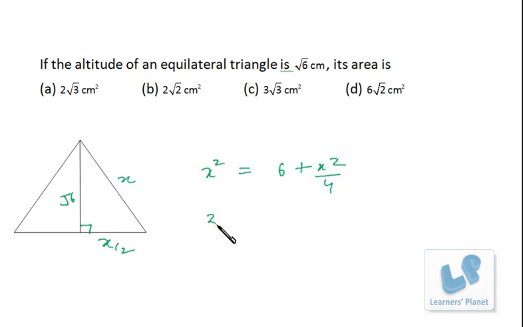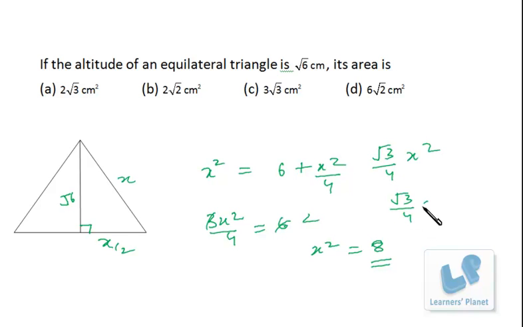So 3x square by 4 is 6, so x square is 8. That is the side. Now what is the area of an equilateral triangle? That is root 3 by 4 x square, that is root 3 by 4 into 8. So it's 2 root 3.